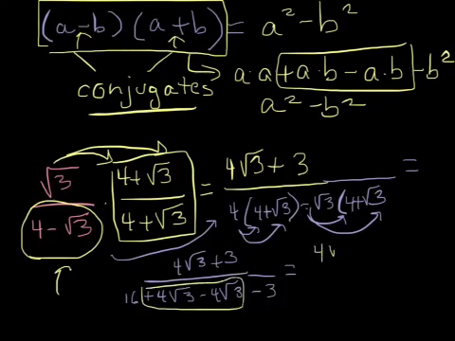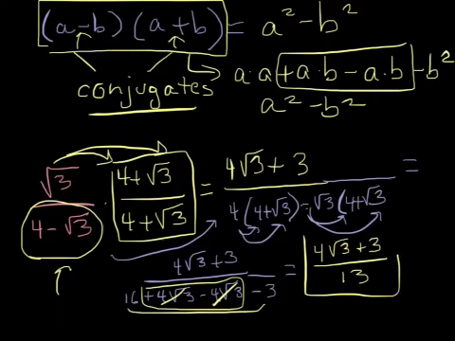So I'm going to have 4 radical 3 plus 3 over, now I have these like terms, 16 minus 3, which is 13, and this is 0. So again, the procedure was to multiply my entire expression by 1 in the form of the conjugate of the denominator. So here's your guideline.